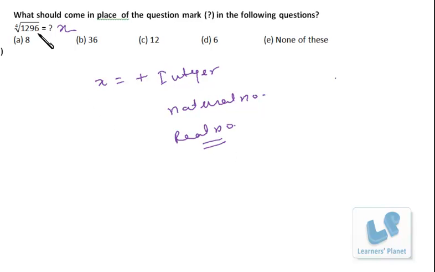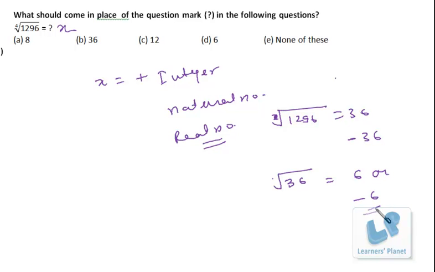Now we know the square root of 1296 will be 36 or minus 36. We cannot take the square root of minus 36, but we can take the square root of 36, which will be 6 or minus 6.